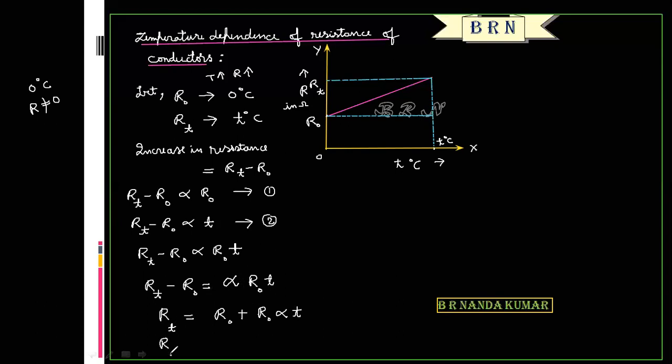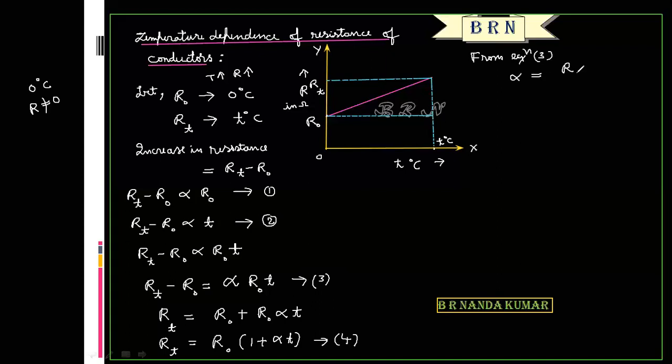R_t is equal to R naught, taken as common, that is 1 plus alpha t. Call this equation number 4, and call this equation number 3. Now from equation 3, what is the value of alpha?